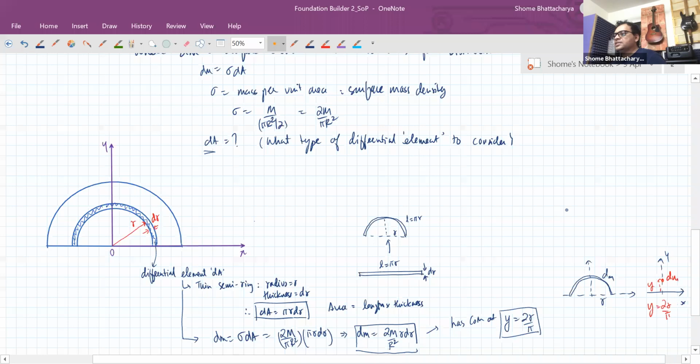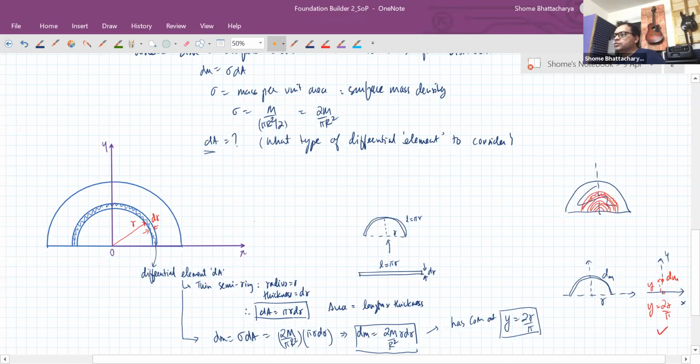So what we are doing is we are slicing our semi-disc into semi-rings like this, thin semi-ring after the other, and each semi-ring is like a differential mass dm, whose own center of mass is located where? It's located at this position.